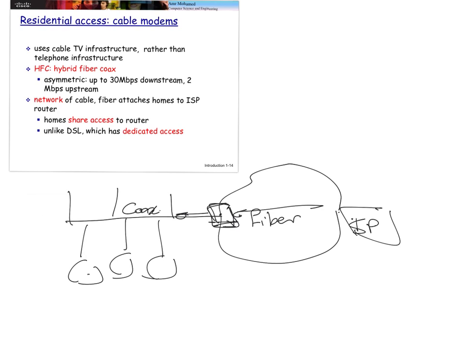Okay, so that's an infrastructure that already existed, at least in some countries, not here.